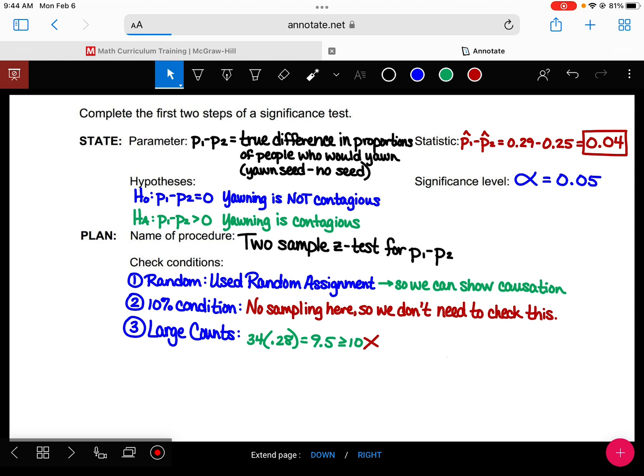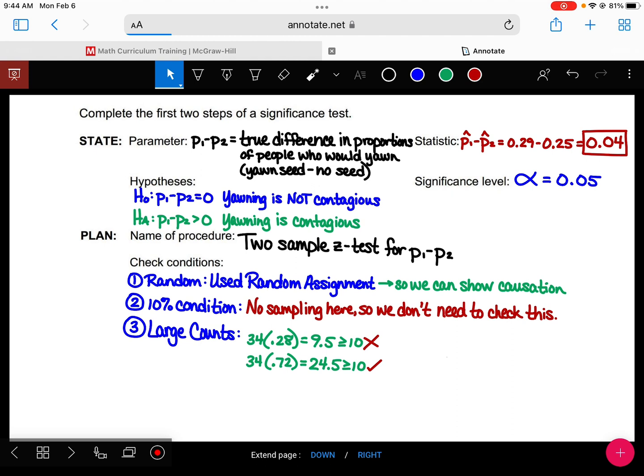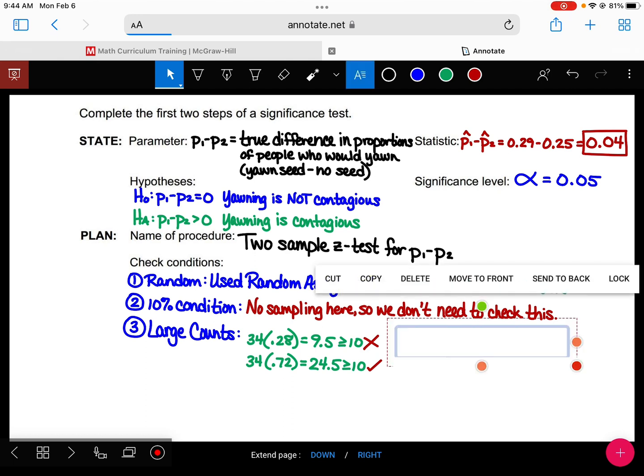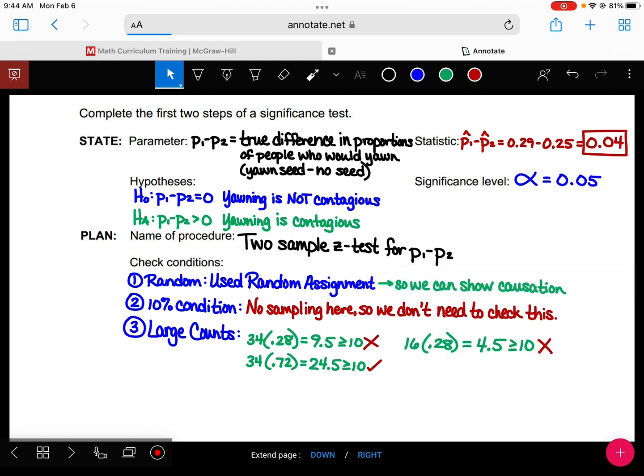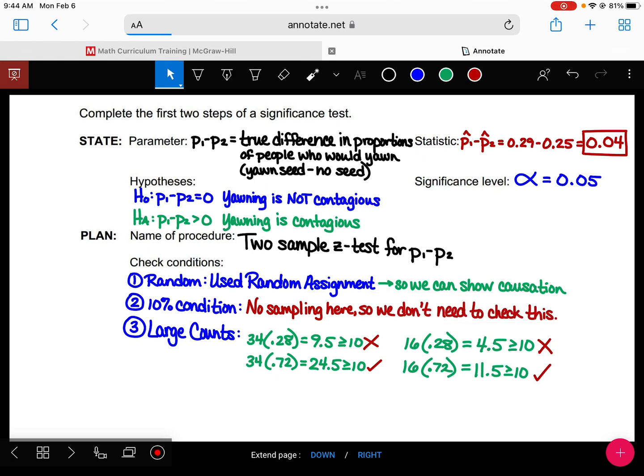So 14 out of 50 is 0.28. That gives me 9.5, that's not bigger than 10. When I do N1 times 1 minus P hat combined, that works, but it failed the first one. Same thing in population 2. 16 times 0.28, I'm going to get 4.5. Fails my large counts condition.